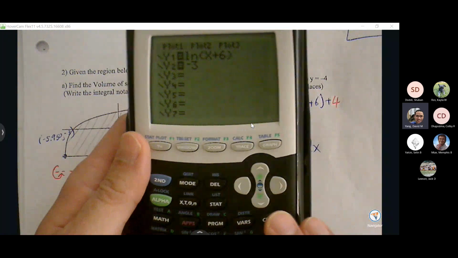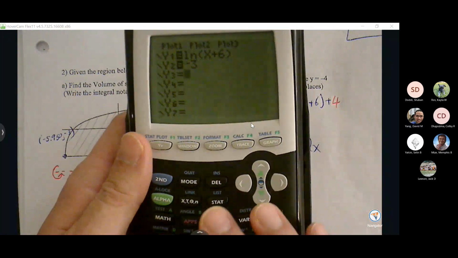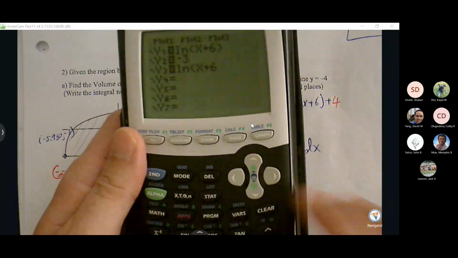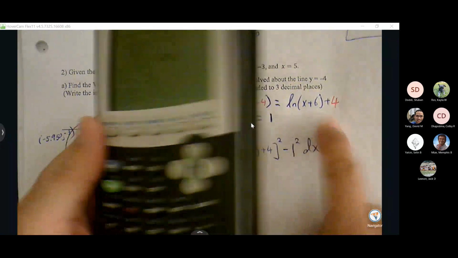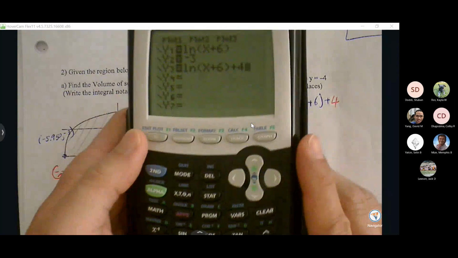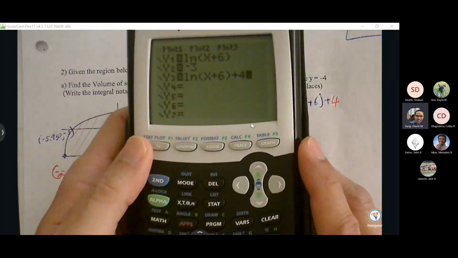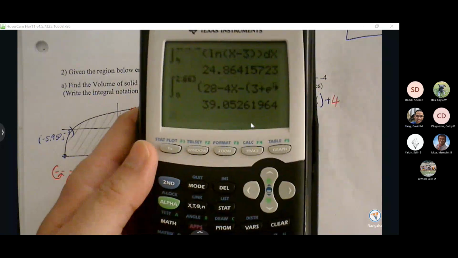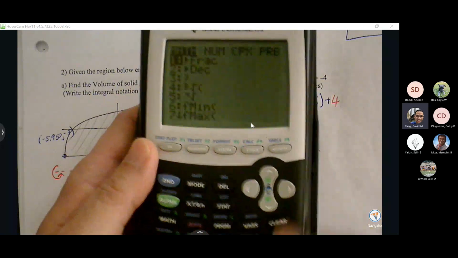I'm just gonna put the big R under Y3, so I don't have to type in as much or involve as many parentheses, so let Y3 be my big R. At 9.